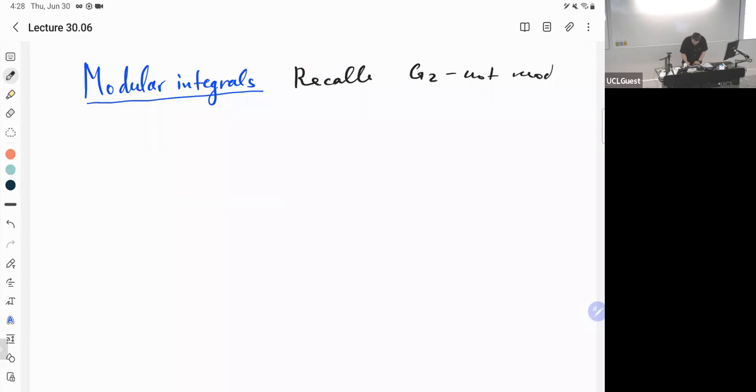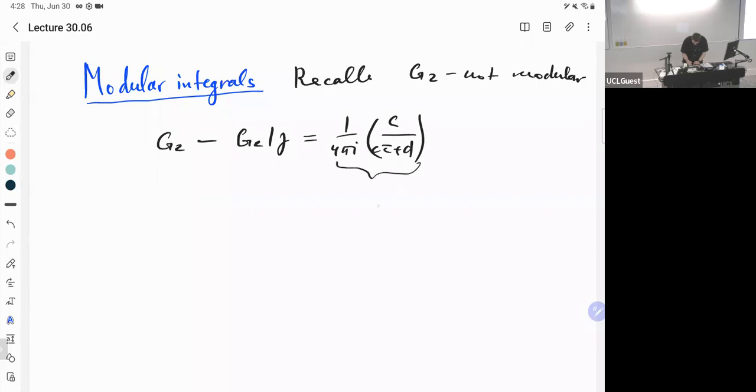But it's kind of interesting nonetheless, because its transformation law was still quite simple. And I'll give it precisely, but for the rest of the talk, it won't really matter what this function on the right is.